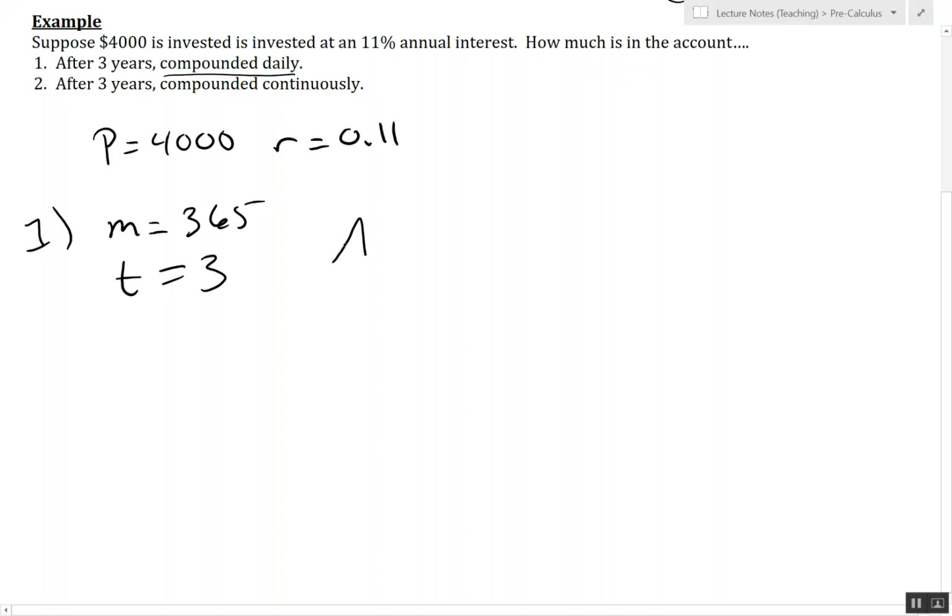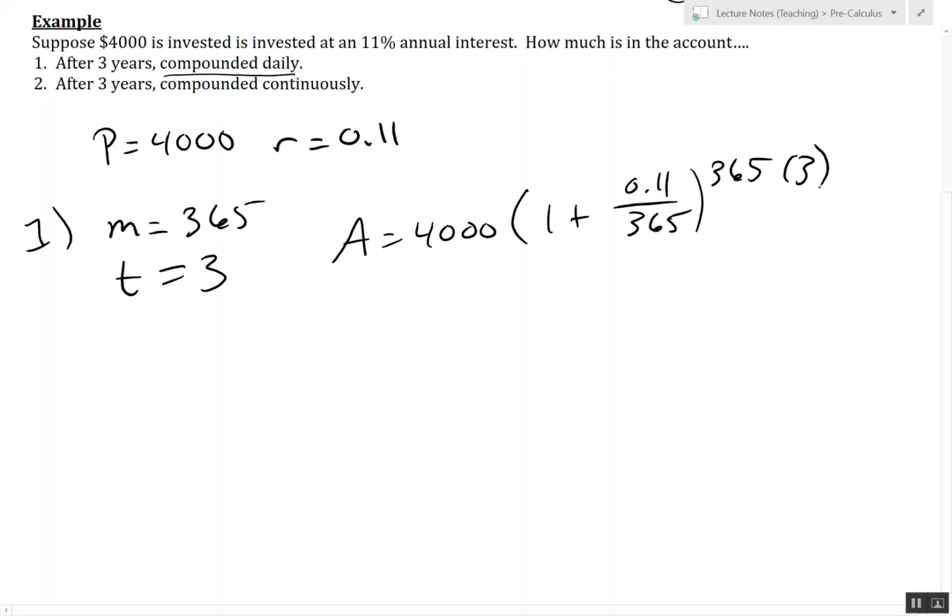So our formula is A equals 4,000 times 1 plus 0.11 over 365, raised to the 365 times 3. So let's figure out what that amount is. And remember, this is a compound interest formula that we're using right here because it's being computed daily.